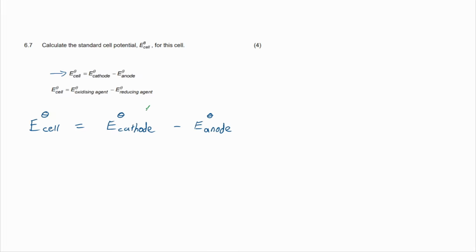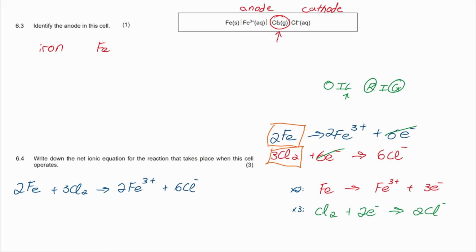Well, now we need to find out what our cathode was, but we wrote that all the way at the top. We've been dealing with it. So the cathode was this side. Remember alphabetical order for galvanic. What happened at our cathode was this reaction here, because that's our reduction half reaction.